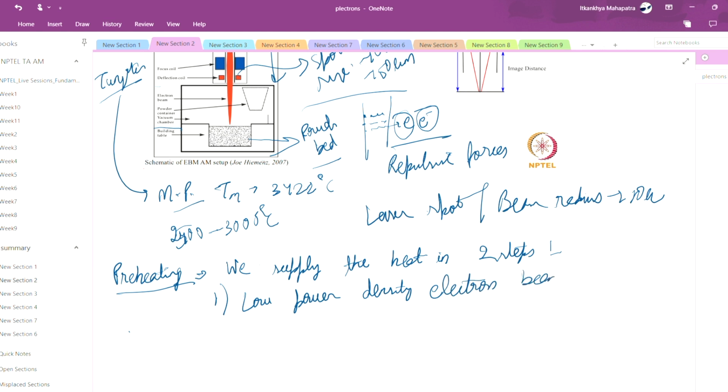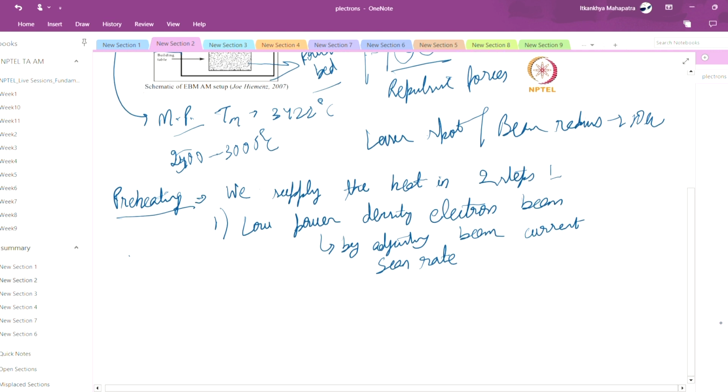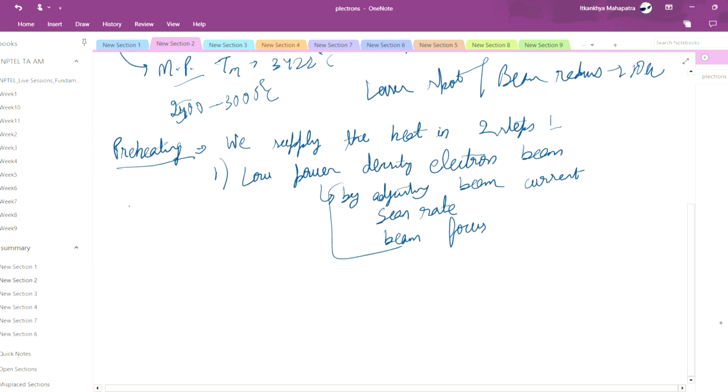We control the low power density by adjusting beam current, scan rate, or beam focus. By changing these we can change the electron beam power.